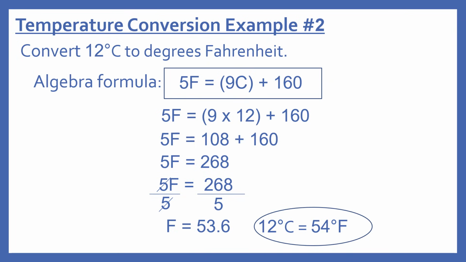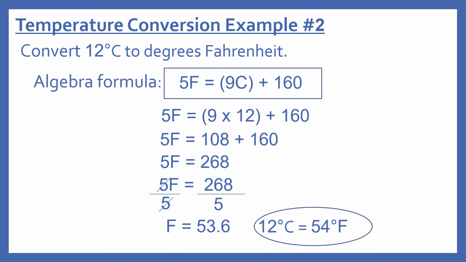Now we'll look at the same problem with the algebra formula. Convert 12 degrees Celsius to degrees Fahrenheit. Our algebra formula is 5F equals 9C plus 160. So 5F equals 9 times 12, then plus 160. 9 times 12 is 108, and then plus 160 is 268.